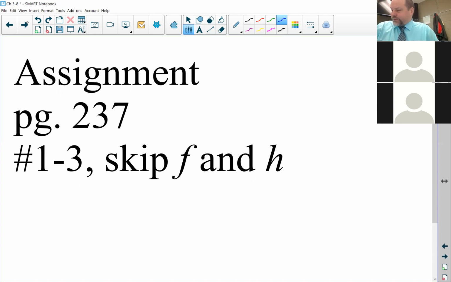So I'm allowing you to not do that. I will say for number 3, make sure if you're using your calculator that you are in radian mode, because it does have a trig function for position.